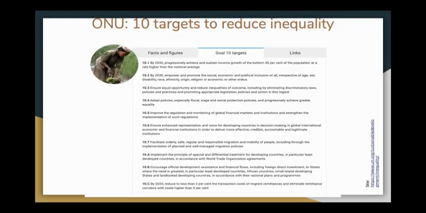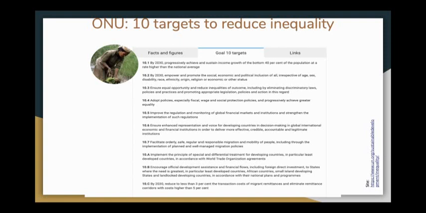One of the main purposes of the well-known institution, the UN, is reducing inequality. They have been making analysis and investigation in order to reduce it, and they collected 10 targets. For example, ensure equal opportunity and reduce inequalities of outcome, or adopt policies, especially fiscal, wage, and social protection policies.